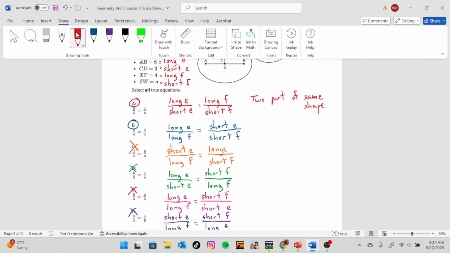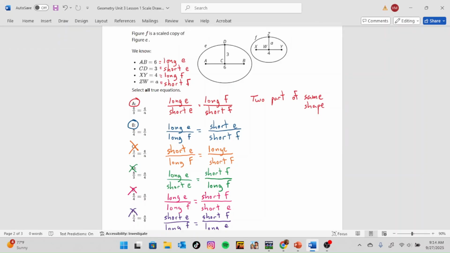And then in B, I am comparing two shapes of same part. So in A, I was comparing the two parts of oval E with the two parts of oval F, and I made sure the same parts were on top and bottom.